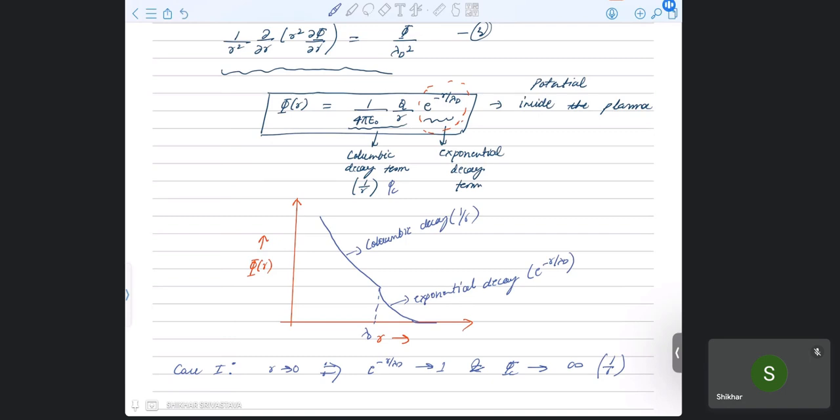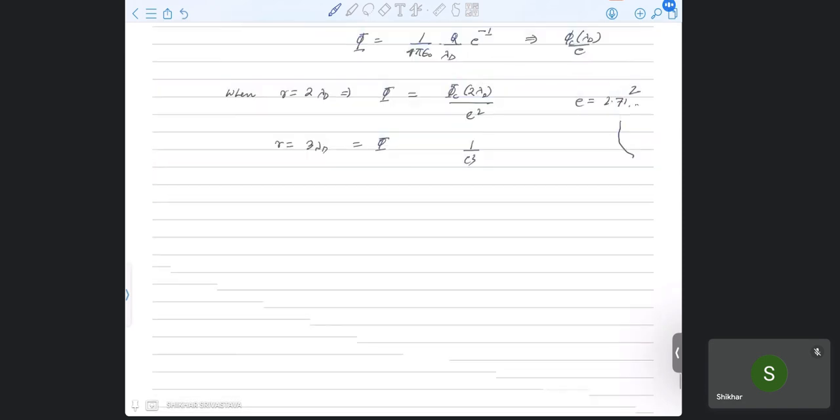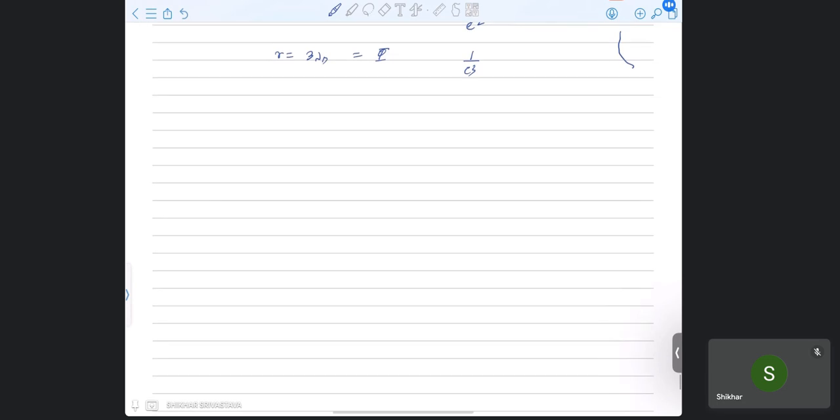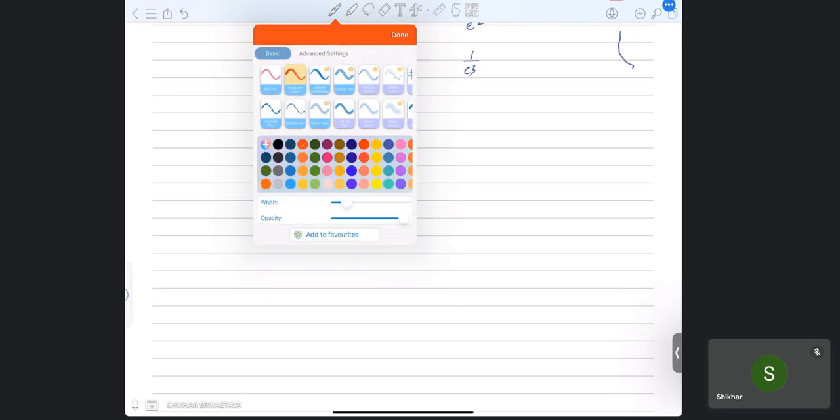So what you can remember is that inside a plasma, if you put a test charge, up to the Debye length the Coulombic potential will be dominating, and outside the Debye length your exponential decay term will start dominating. Okay. So these are some of the properties of the potential. Now we have covered Debye length.